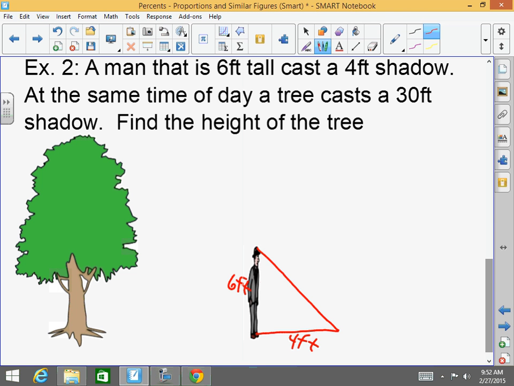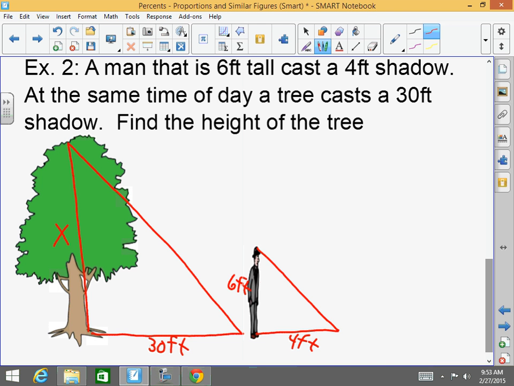Now the tree casts a 30-foot shadow. But do we know the height of the tree? So that's x. Very good. Create a triangle. You have now created two similar triangles.